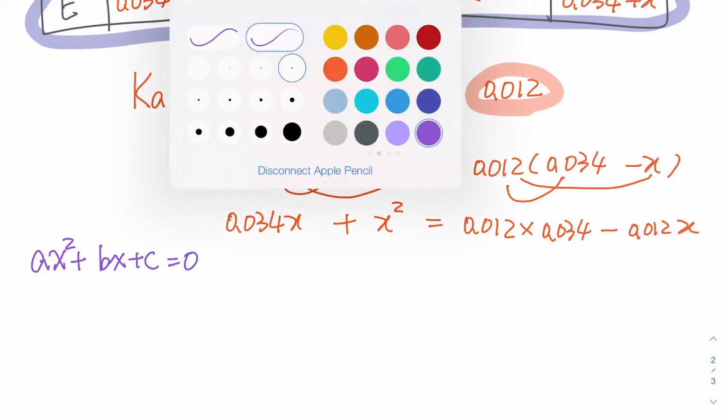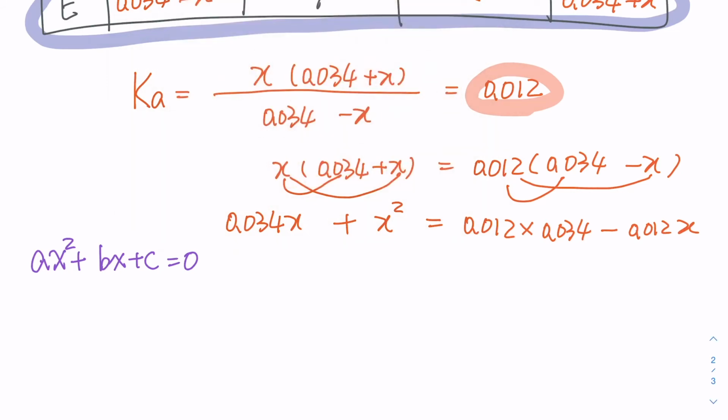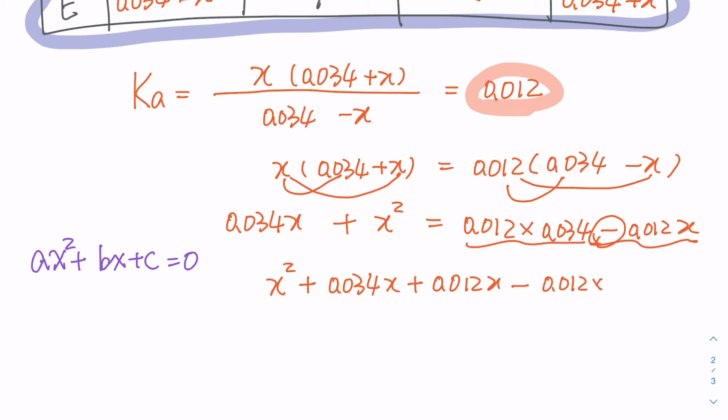So x squared, and then I move this to the left side and it becomes positive, so I have positive 0.034x plus 0.012x. Then I move this 2 multiplied term to the left side and add a negative sign, equals 0.